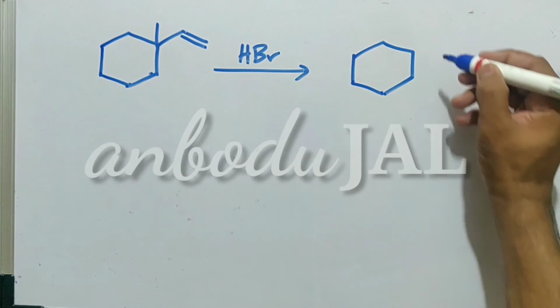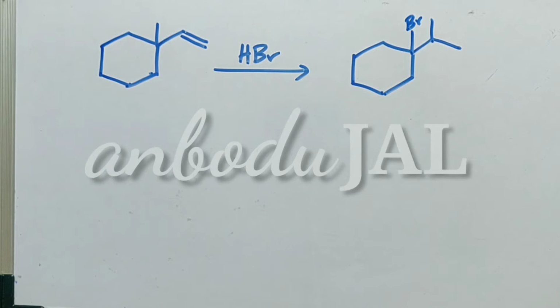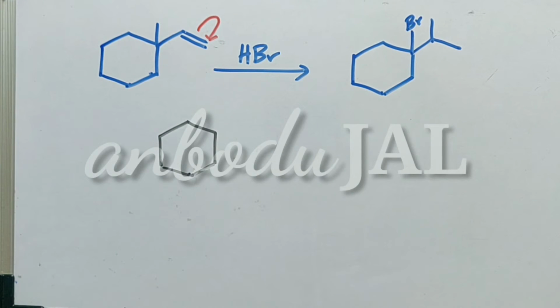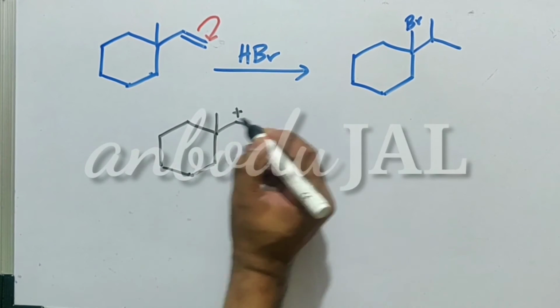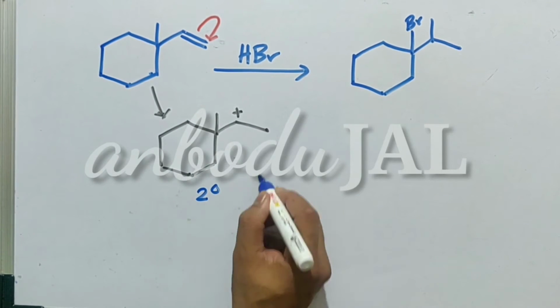So what happens? The final product will have the methyl group present here. This is the product. As a result of the first shifting, listen here, this is the carbocation formed in the first step. But this carbocation is a secondary carbocation.